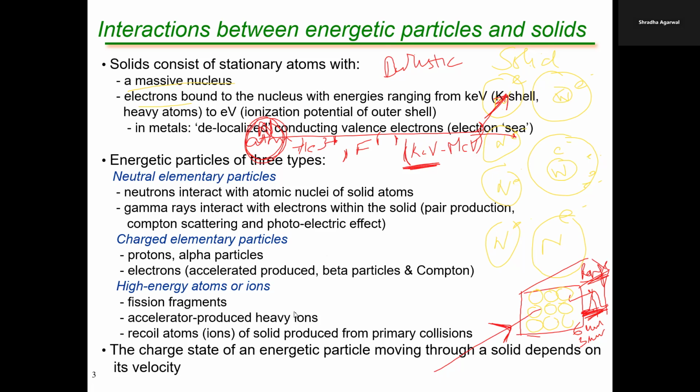So overall it is making two kinds of collision. One is the ballistic collision that it is making with the nucleus, and the other is with the electron. That is known as electronic energy loss. And the one with the nucleus is known as nuclear energy loss. So this is very important.